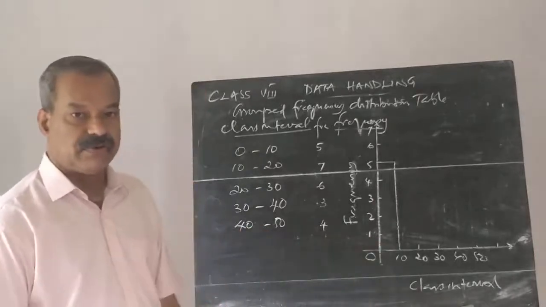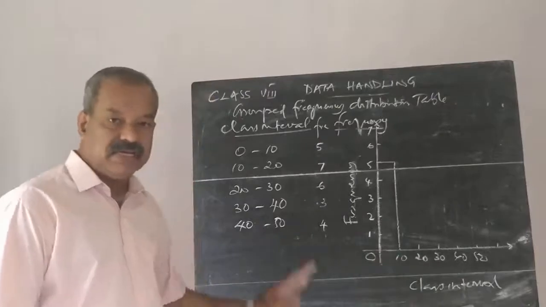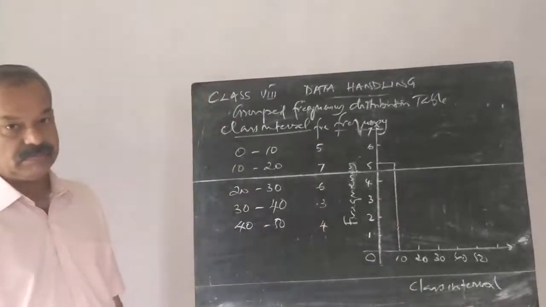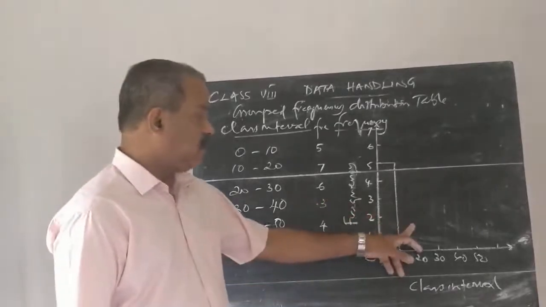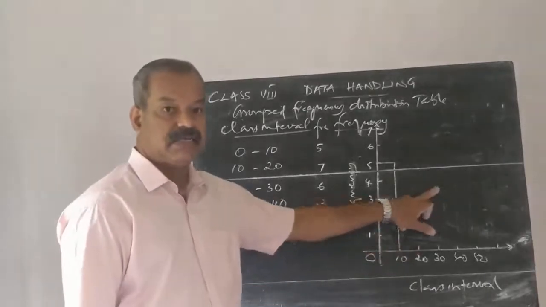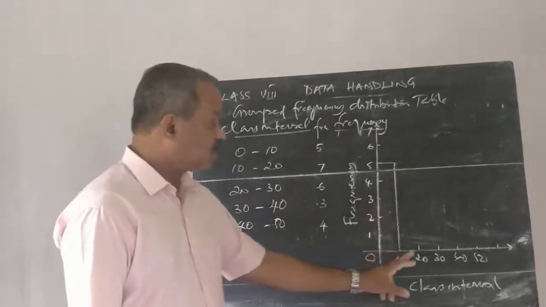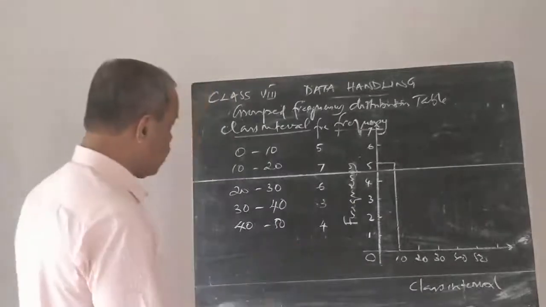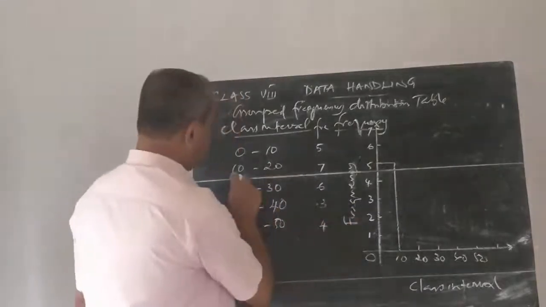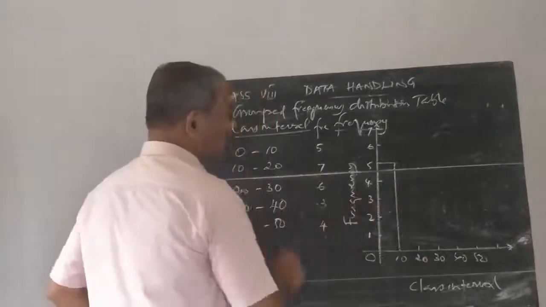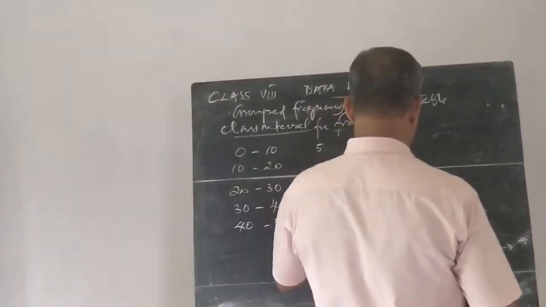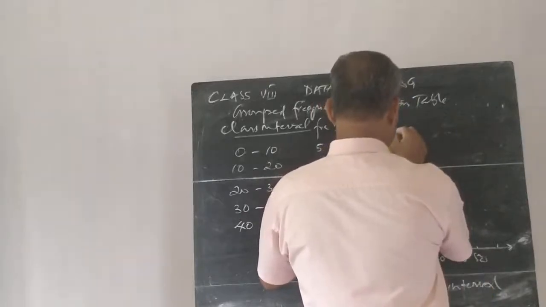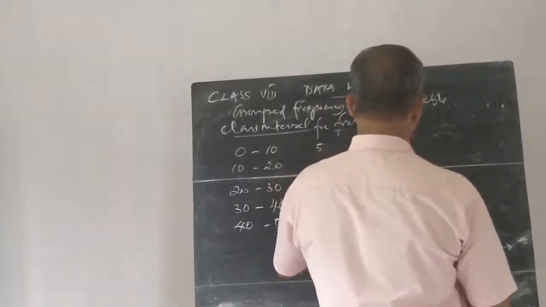But here the second bar is adjacent to the first, and the third is adjacent to the second, without any gap. So the second bar, class interval 10 to 20, frequency 7.